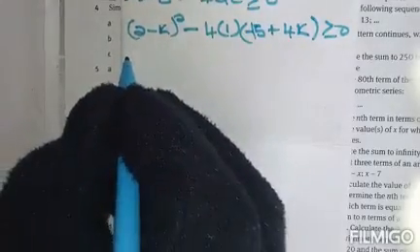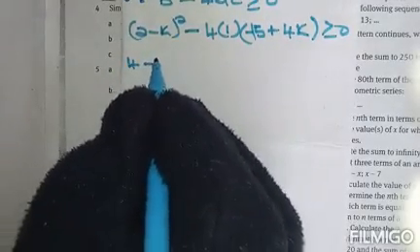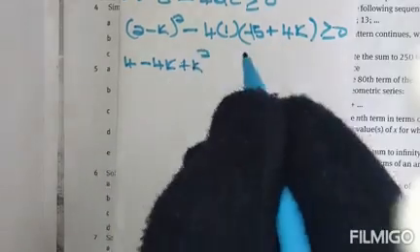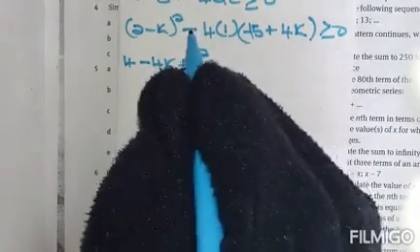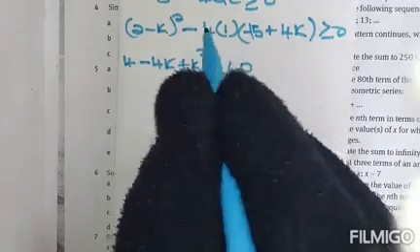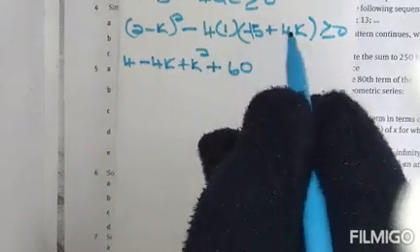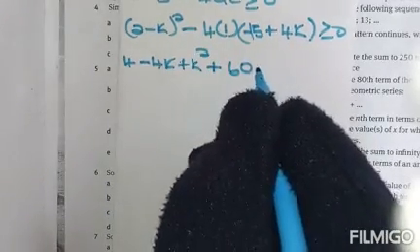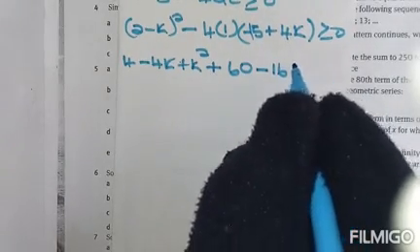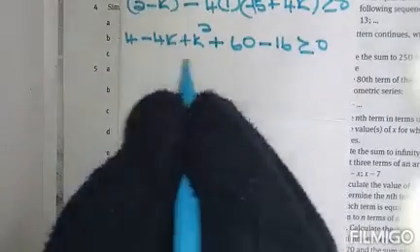This gives us 4 minus 4k plus k squared, and minus times minus giving positive 60, and minus times positive giving minus 16k. All this is greater than or equal to 0.